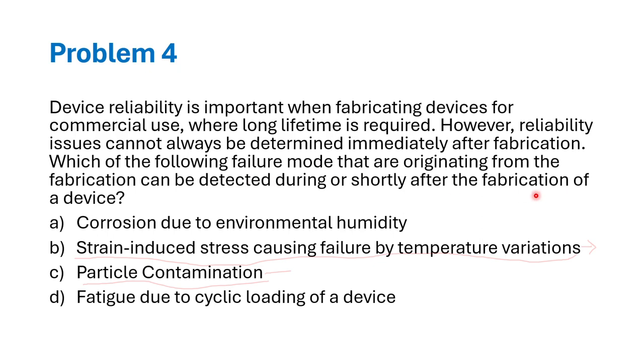So reliability means we have to know when we fabricate a device whether it will work properly or not, right? But there are some issues that can be determined only after a long period of operation. Here in this question, we just have to find out which one can be detected during the fabrication process or immediately after the fabrication process.